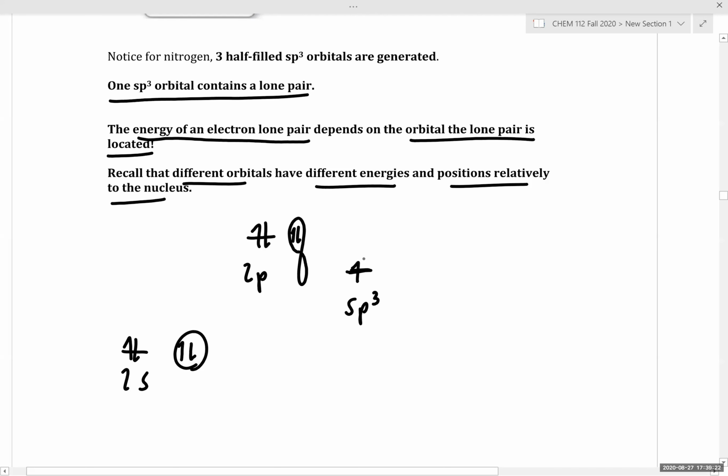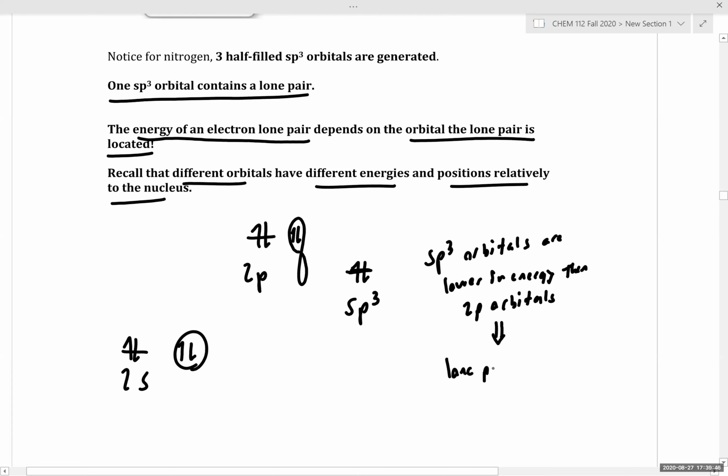Lower, right, because sp3 orbitals are lower in energy than 2p orbitals. Ergo, lone pairs in sp3 orbitals are lower in energy.